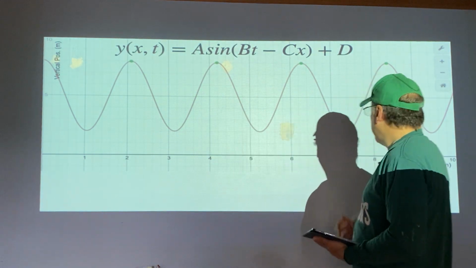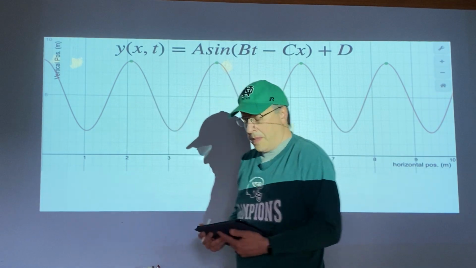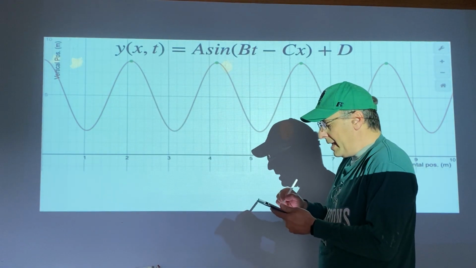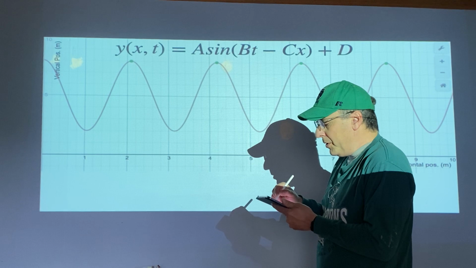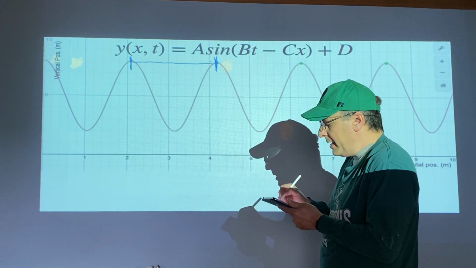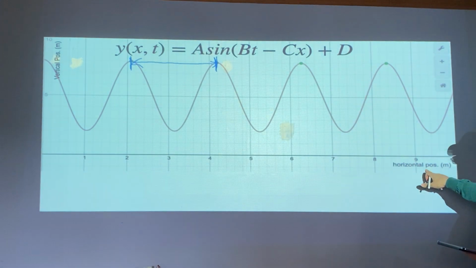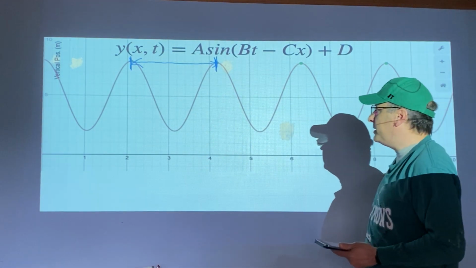This picture is showing horizontal position and vertical position. And when you have something like that, this old familiar from here to here, which used to be the period, is no longer time. The x-axis is no longer time, it's position.